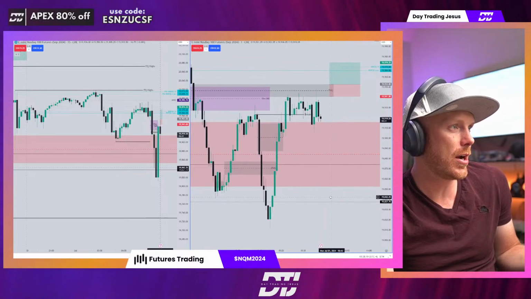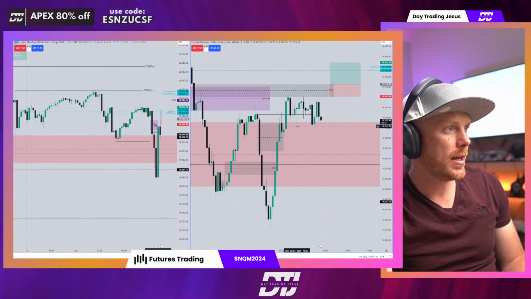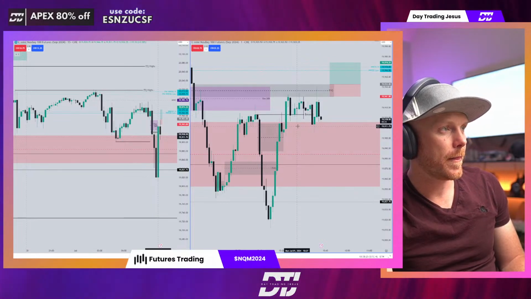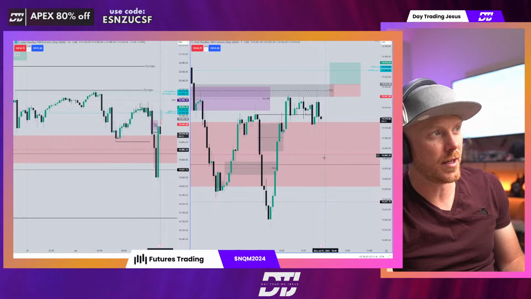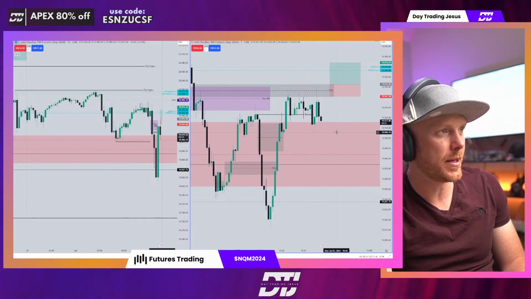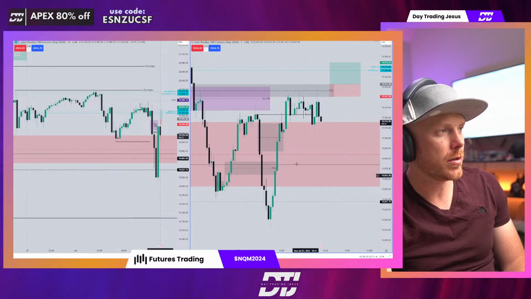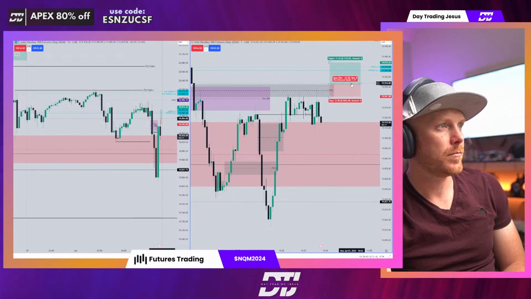I don't see my model anywhere in this price action that would indicate to me to go short when it starts moving. If it starts moving aggressively, there isn't an entry for me here. We have a higher low, higher high for a breaker right here. So if price comes back up to here, I may go short. So that might be an option. But right now we're still in consolidation.